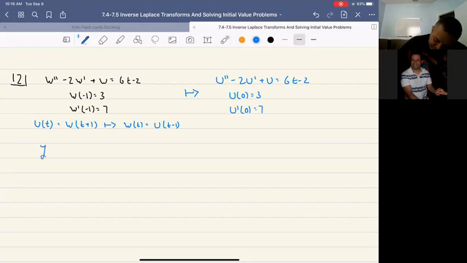Take our Laplace transforms. L of u equals script u. L of u prime equals s u minus u of 0, which in this case is s u minus 3.